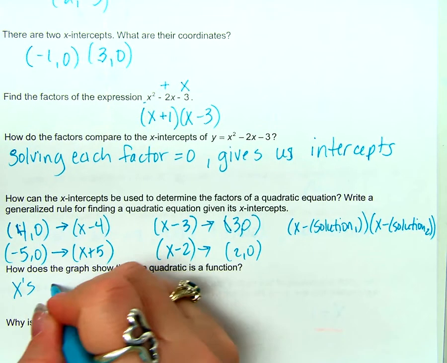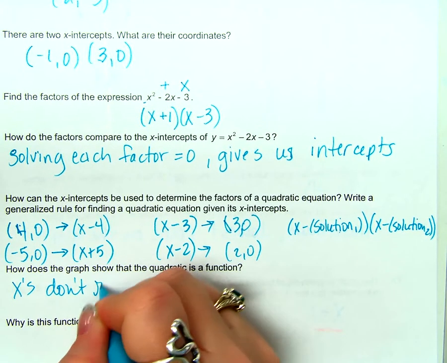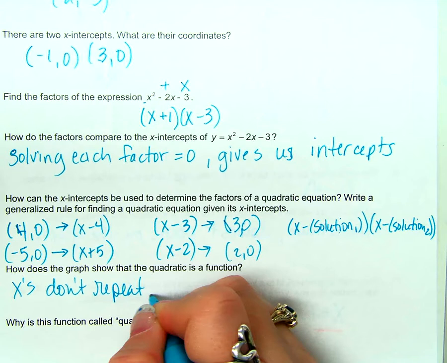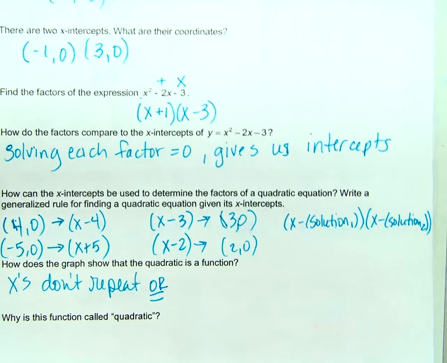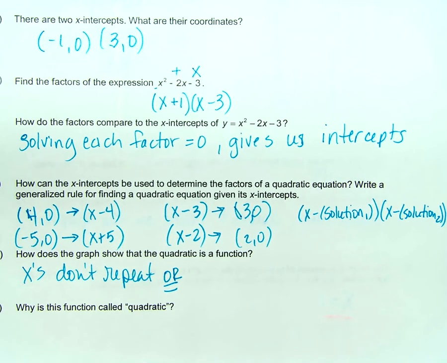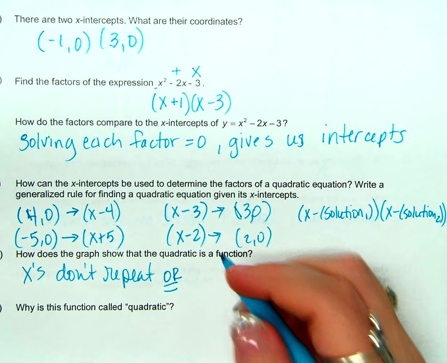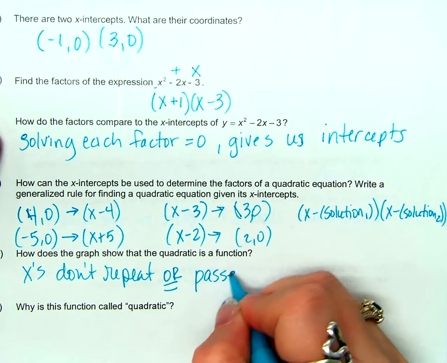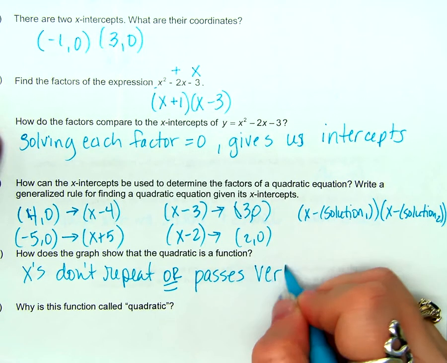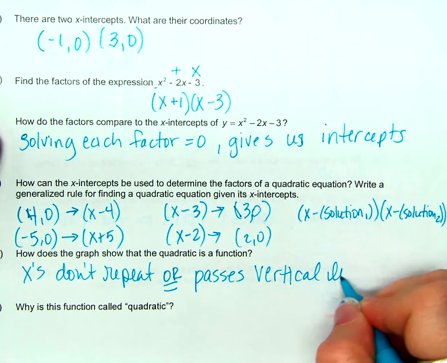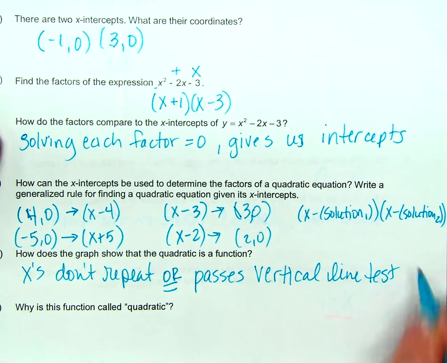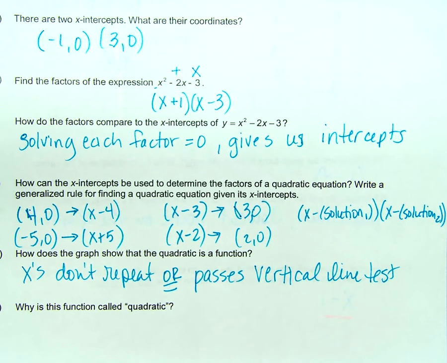X's don't repeat. Or, what's the other thing we used to say when we're trying to figure out if something's a function or not? Passes the vertical line test. Excellent. Why is this function called quadratic?